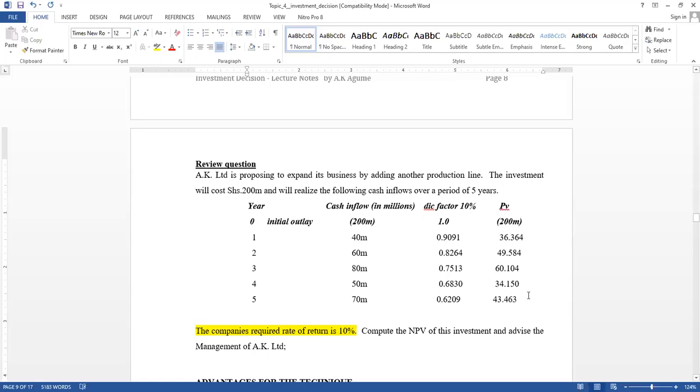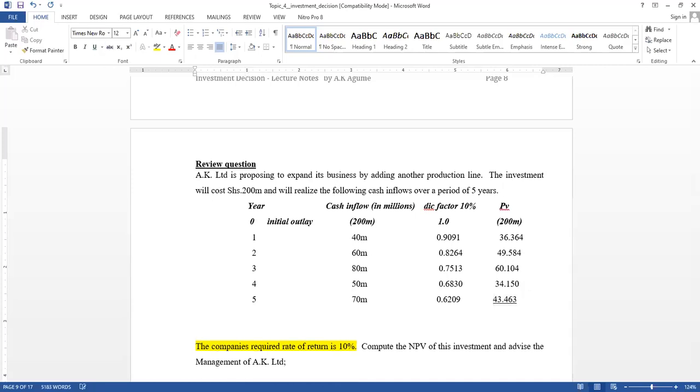So having done our PVs, we can now get our NPV. So my NPV is going to be the sum of all the PVs. So you need to sum up these ones, eh? And remember, this first one is an outflow. It's a cash outflow. So what is the NPV?